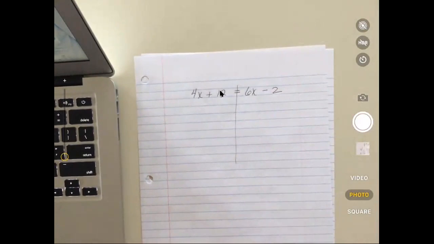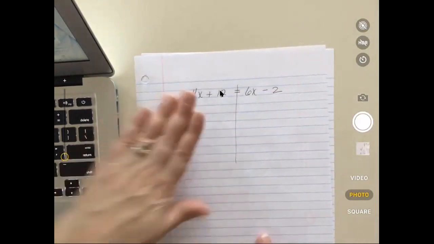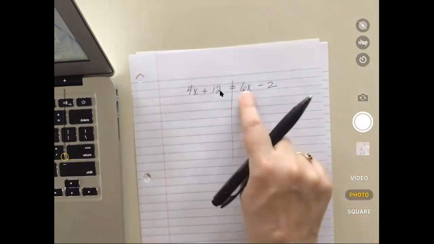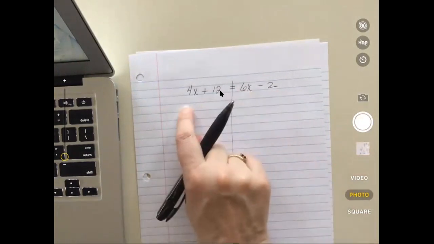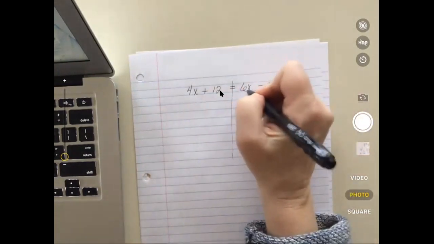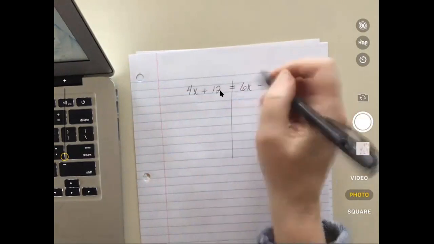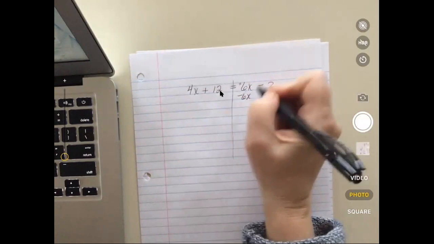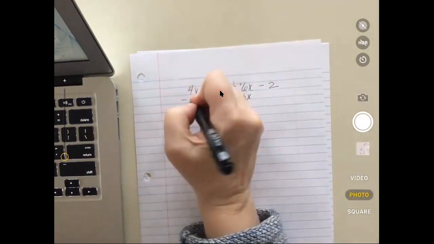I'm just a creature of habit. I like my x's over here on the left and my numbers over here on the right. So I'd look at that 6x there and think, to make that over here, I have to do the opposite of what's right here. This is a plus 6x, so I'm going to subtract 6x, subtract 6x.